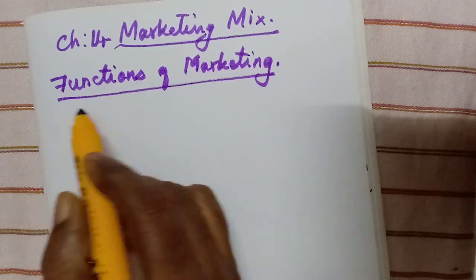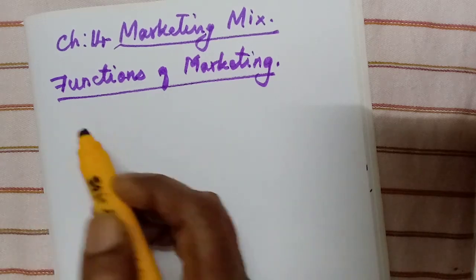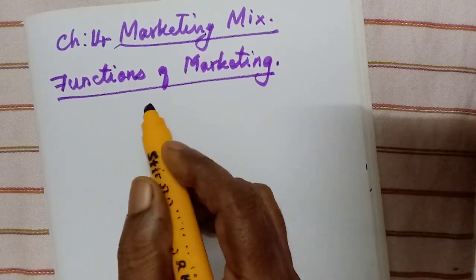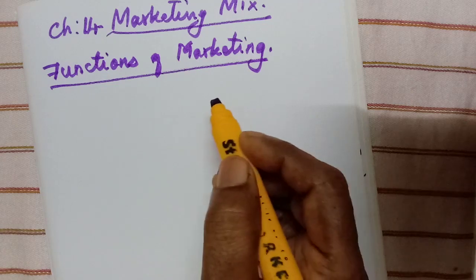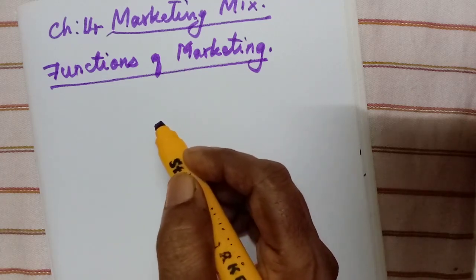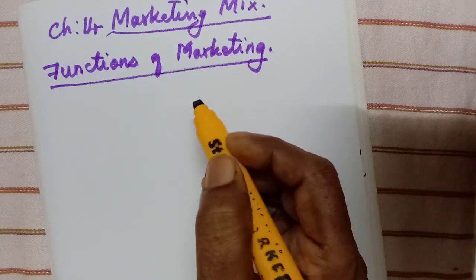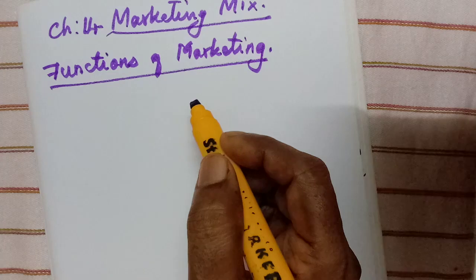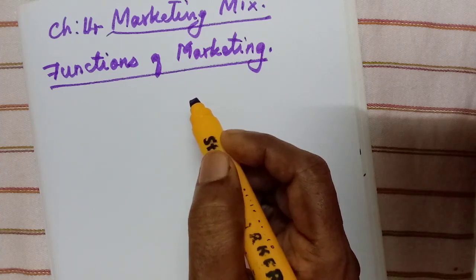So we know the main function of marketing is what? They have to shift the goods and services from the place of the producers to the place of the consumers, or in the hands of the consumers, isn't it?